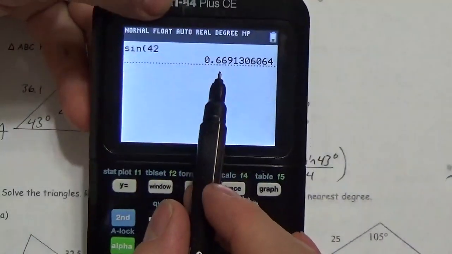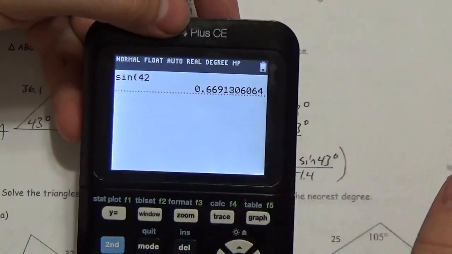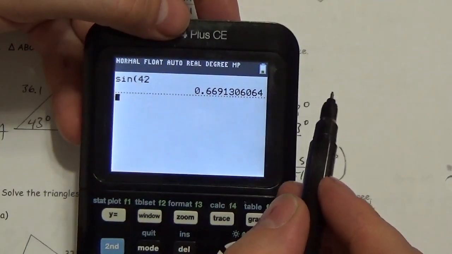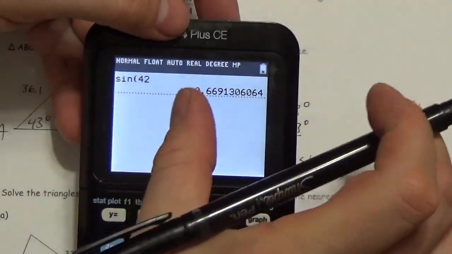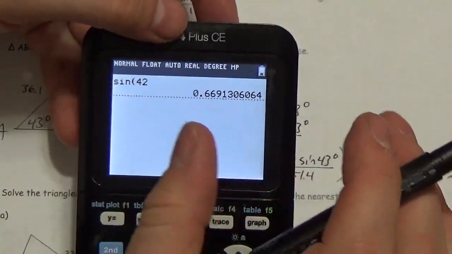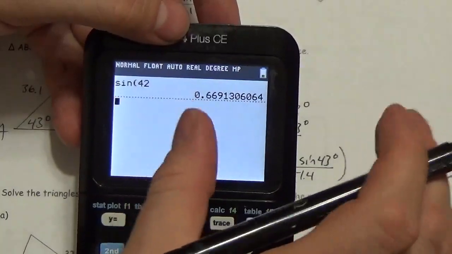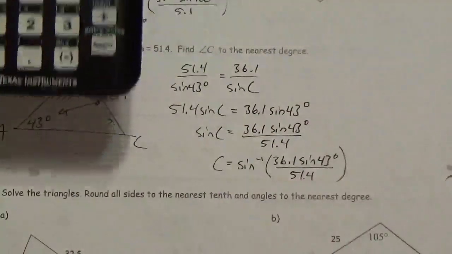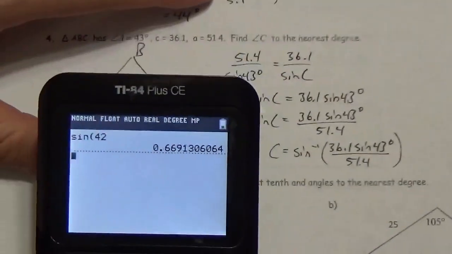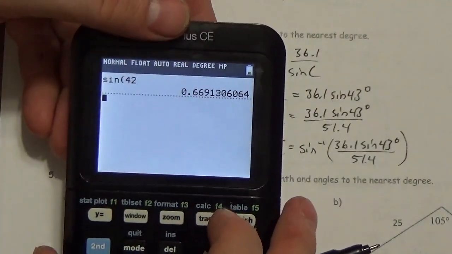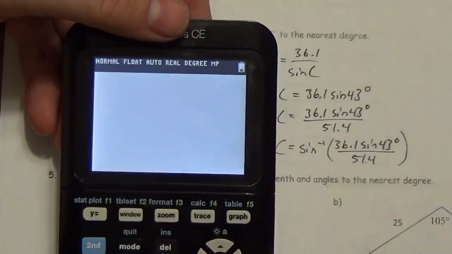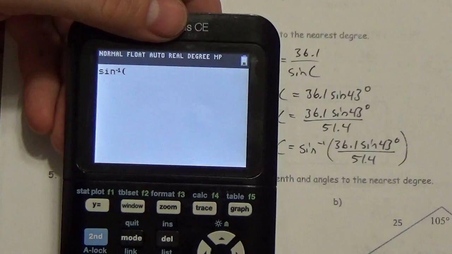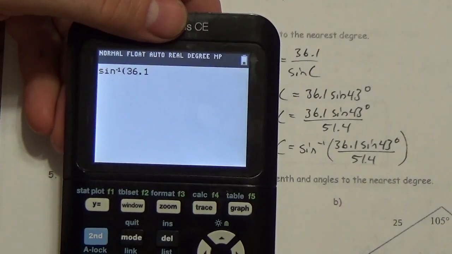The calculator here, granted, the decimal should go on forever for most of these angles, but it knows the decimal to enough places that if I use that whole decimal, the little error that gets introduced is so small that even after several calculations, it's not going to affect my result in any appreciable way. So I really encourage you to try to do this in one step as often as you can, so you're using the entire number that the calculator provides.